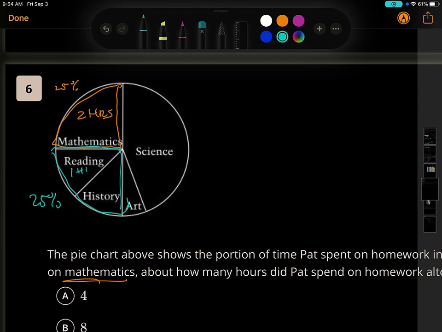So that would be 1 hour and 1 hour, because both of those light blue sections would represent 2 hours. And then over here, this represents 50% of the data, right? So that would be twice as much. So that would be a total of 4 hours over here. And maybe that's like 3 for science and 1 for art, if you needed that information.